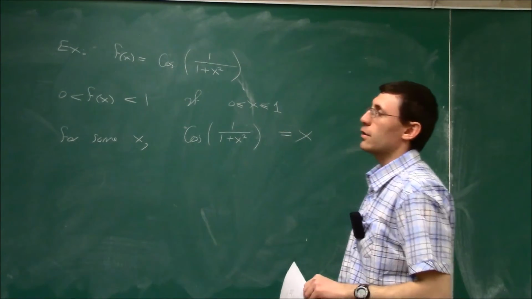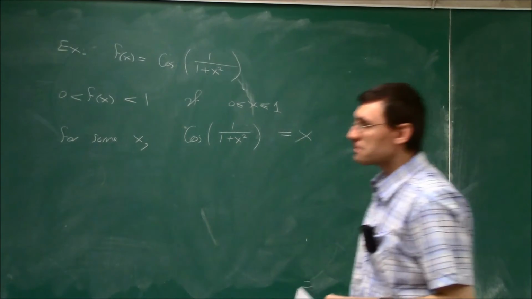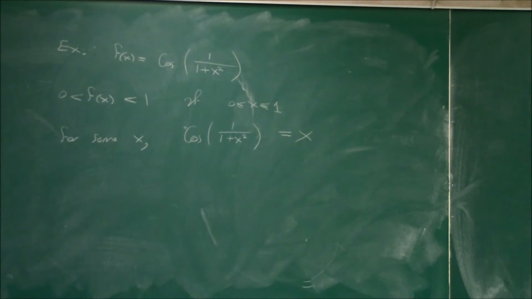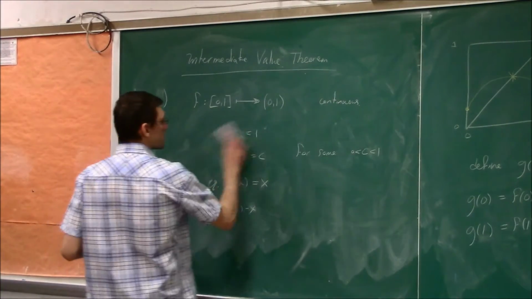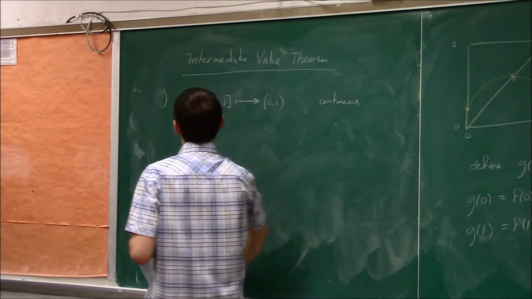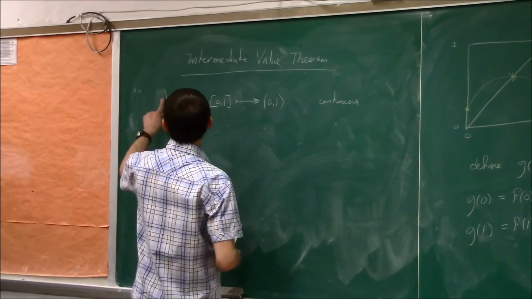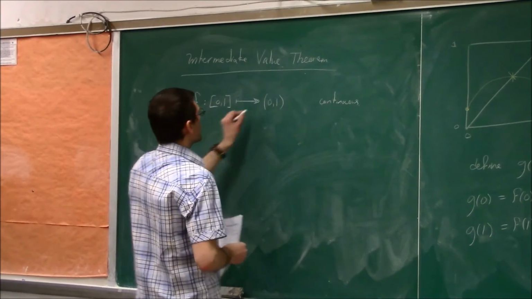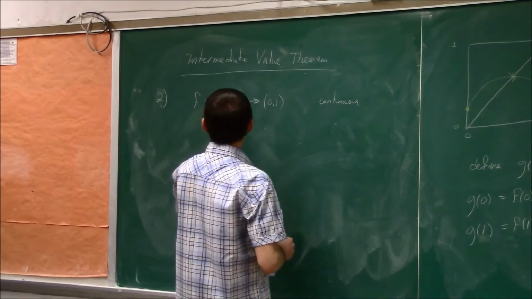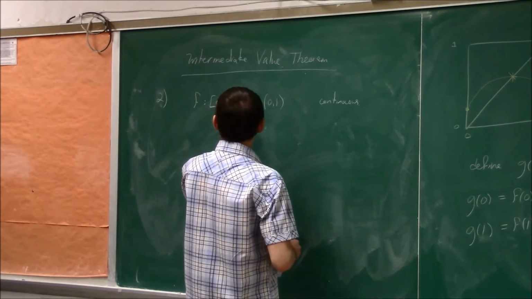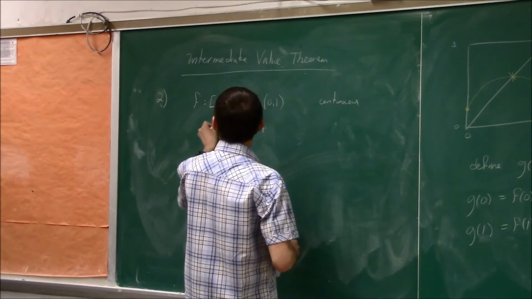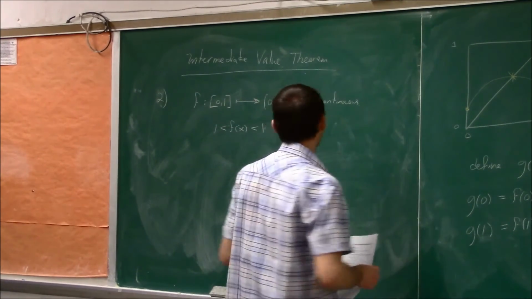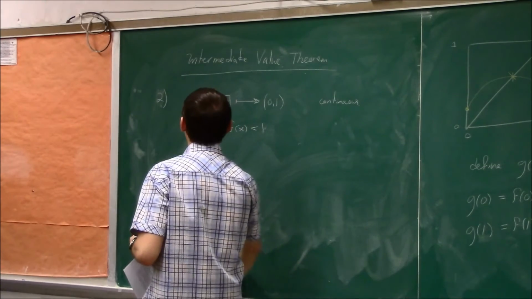All right, let's see if you understand this problem. Let's change the instruction slightly, and require that the function is still as before, it's continuous. That means that f of x is less than 1 and bigger than 0, and it's defined as before on the interval from 0 to 1.